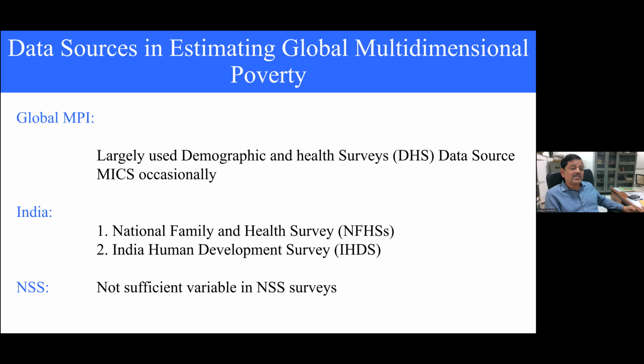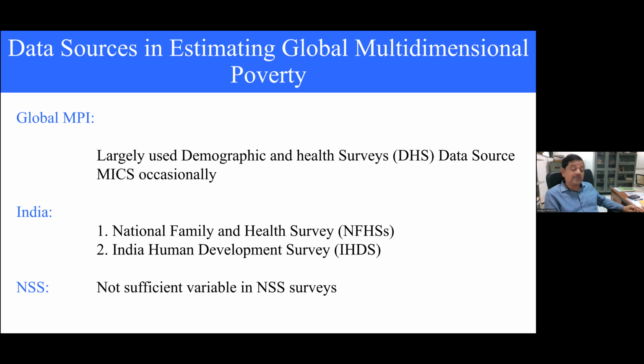As far as India is concerned, India is of great interest to academia, not only within the country but also from outside the country. You can find that these Indian estimates are not only available from the NFHS, but some estimates are also available from the India Human Development Survey sources.